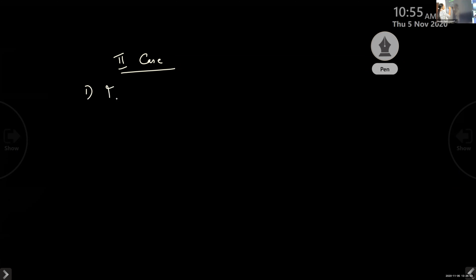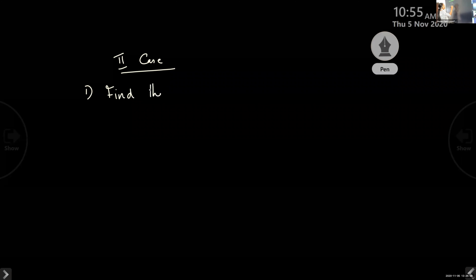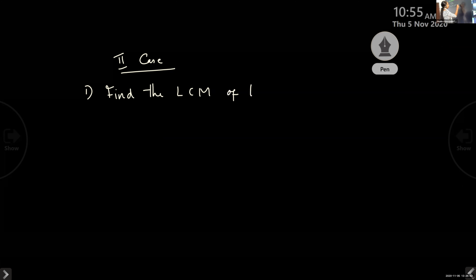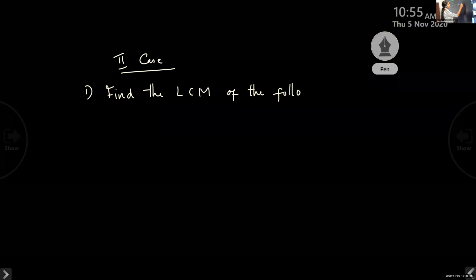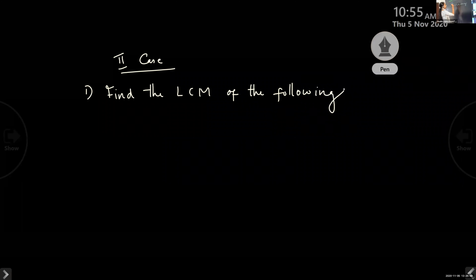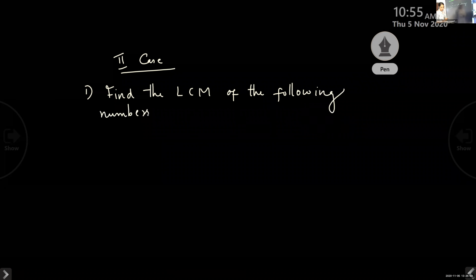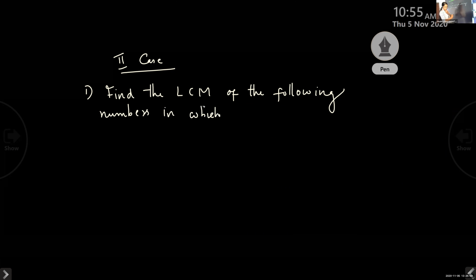Find the LCM of the following numbers in which one number is the factor of the other.